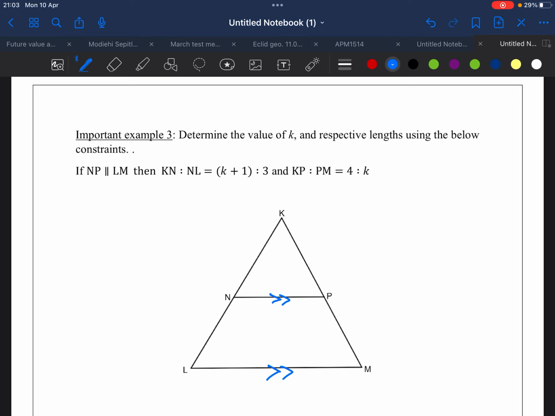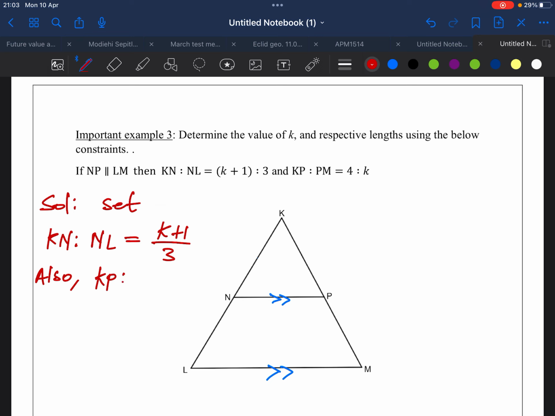So the first step, our solution will be like this. Set KN is to NL to be equivalent to k plus 1 over 3. Also, KP is to PM to be equivalent to 4 over k.